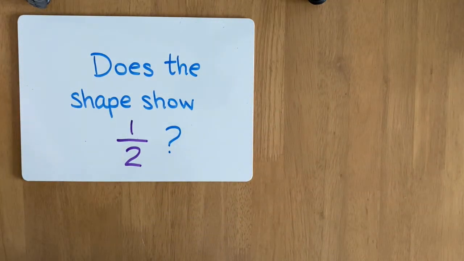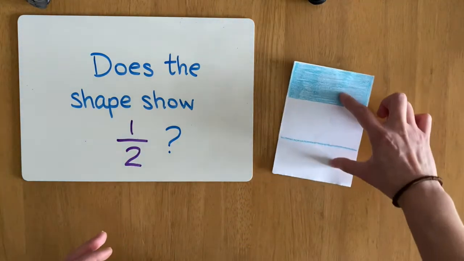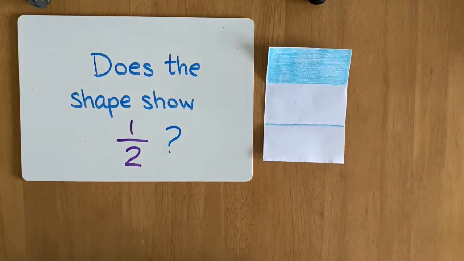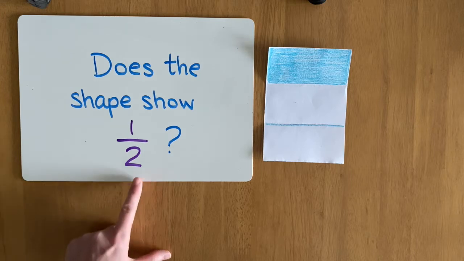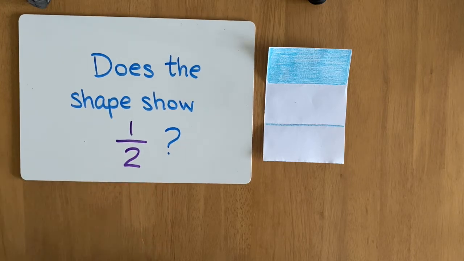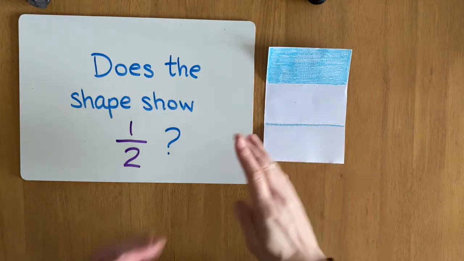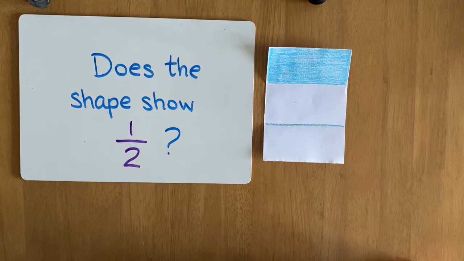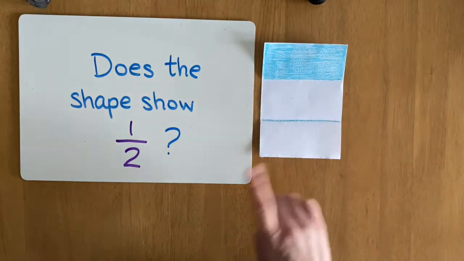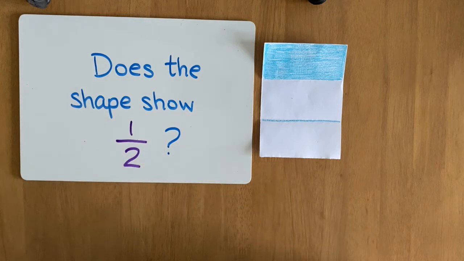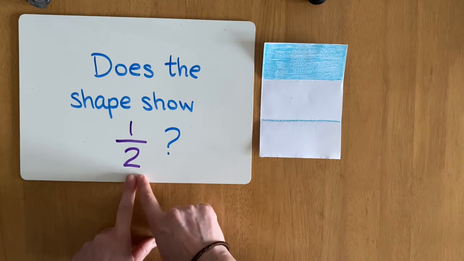Let's try this one. I want you to pause the video and have a think. Does this shape show 1/2? This shape does not show 1/2. Do you think you know why? Well, let's think about what 1/2 means.